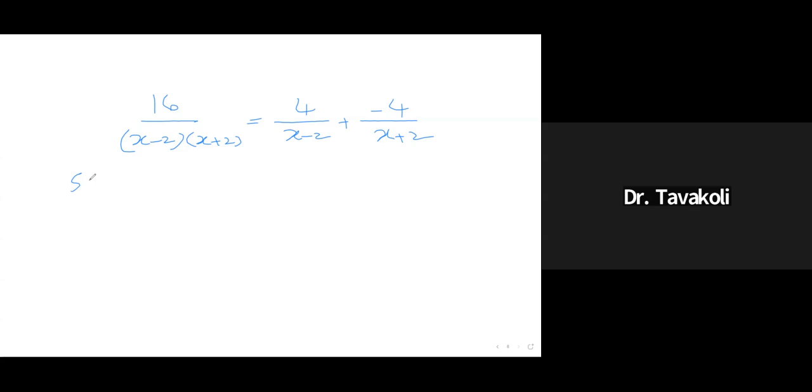Now, step 2 is to find the final answer. So the integral of 16 over x squared minus 4, as you know, x squared minus 4 is x minus 2 times x plus 2, is the integral of the sum of those two simple fractions, 4 over x minus 2 plus negative 4 over x plus 2.